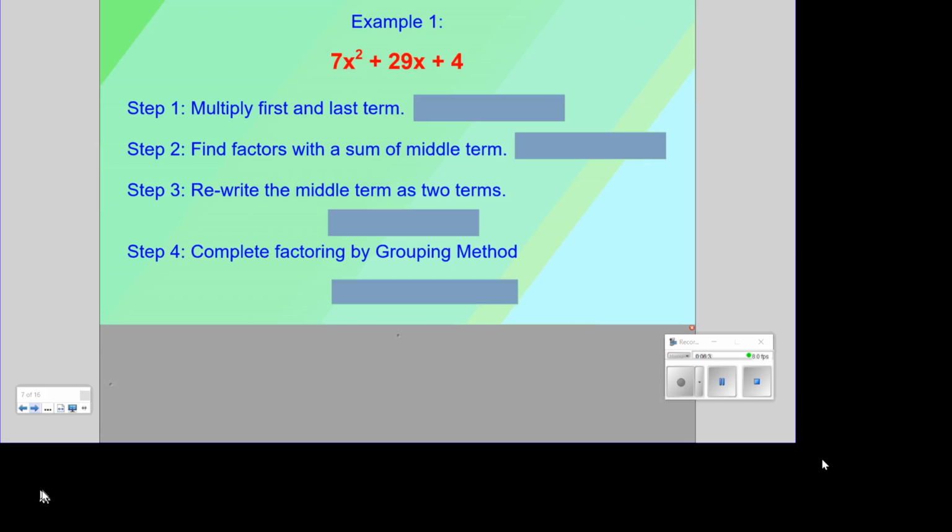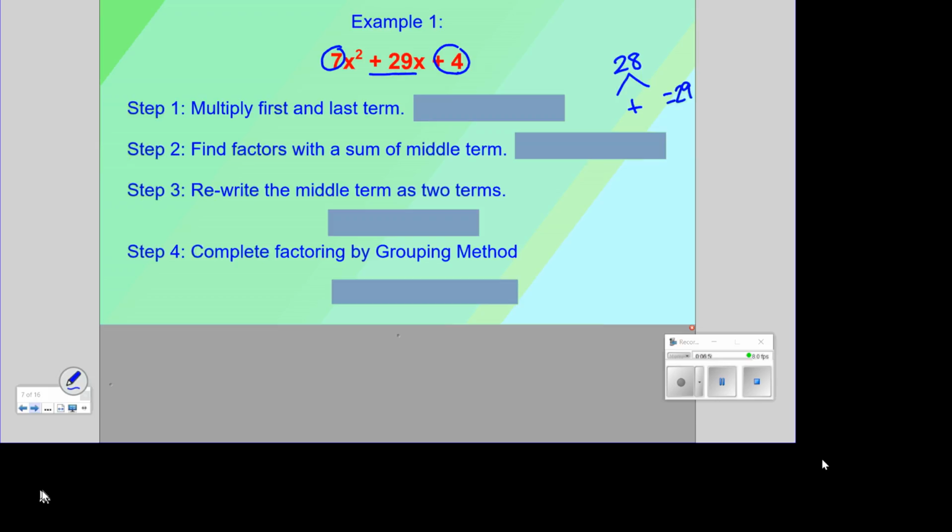So here's our first example. We've got 7x squared plus 29x plus 4. This is a trinomial with a coefficient. So your first step is going to be to come off to the side, and you're going to not just find factors of 4, but we need to do 4 times 7, which is 28, and we need factors of 28 that will add up to our middle term of positive 29.